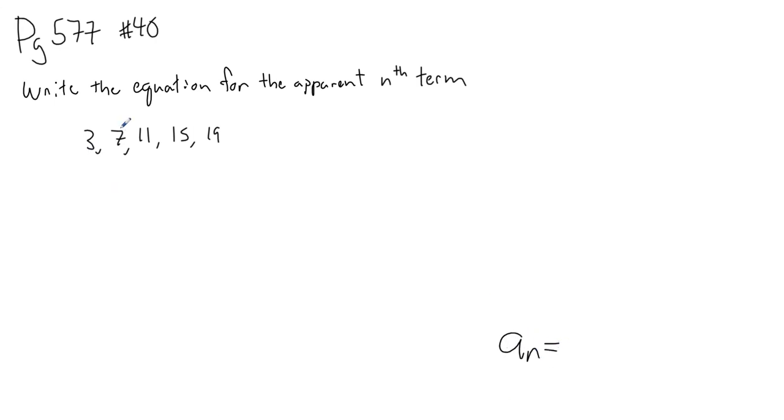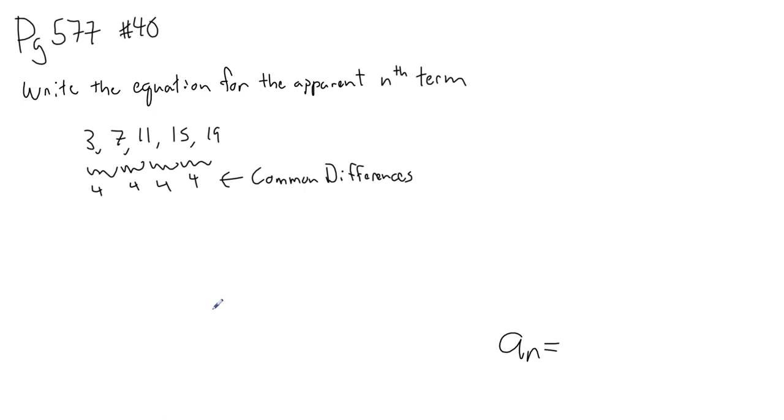When I look at this, 7 minus 3 has a difference of 4. 11 minus 7 has a difference of 4. 15 minus 11 has a difference of 4. And 19 minus 15 also has a difference of 4. So we've got common differences here. And we're going to spend some time with that.